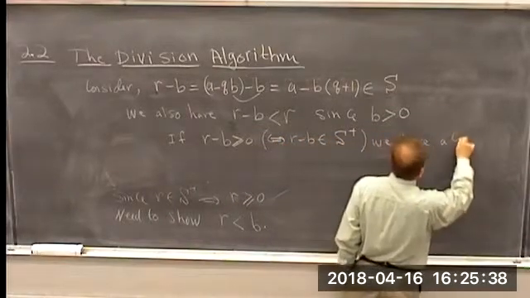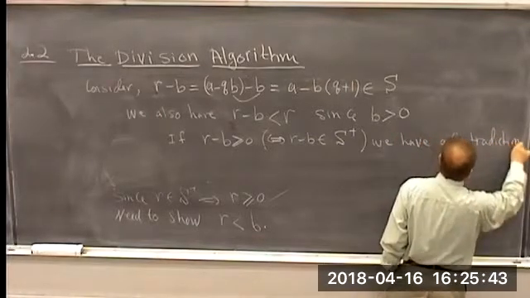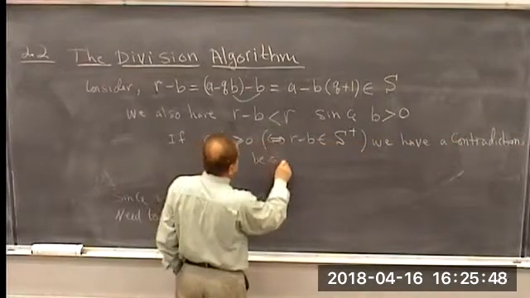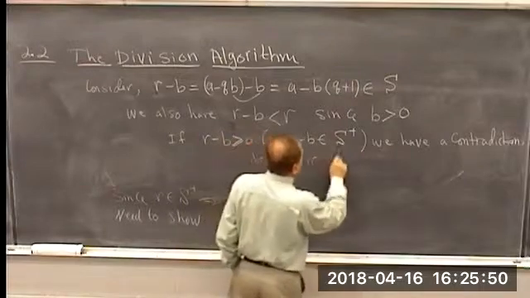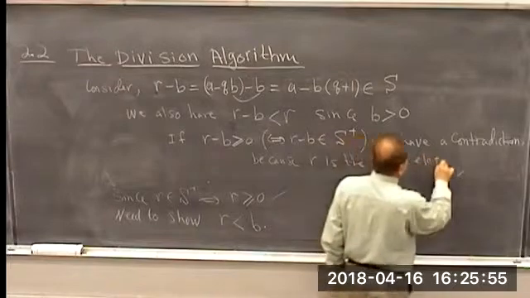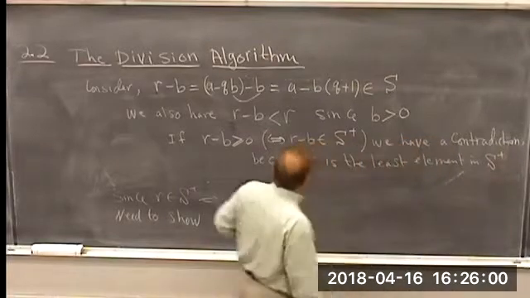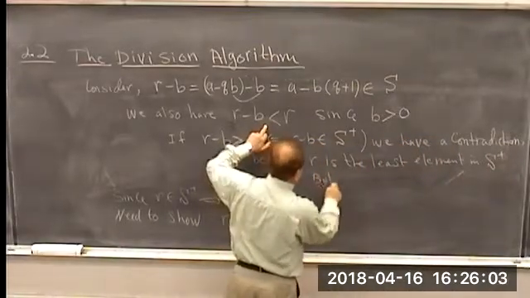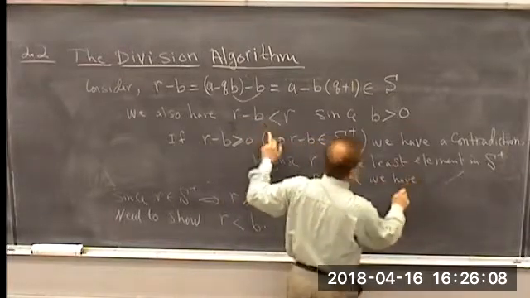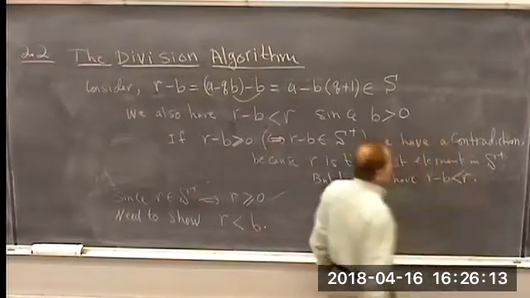We have a contradiction because R is the least element in S plus. But here we have R minus B is actually smaller than R. So this is not true.